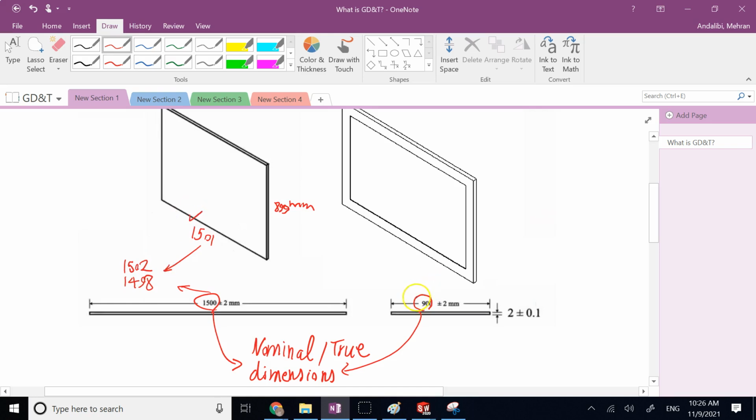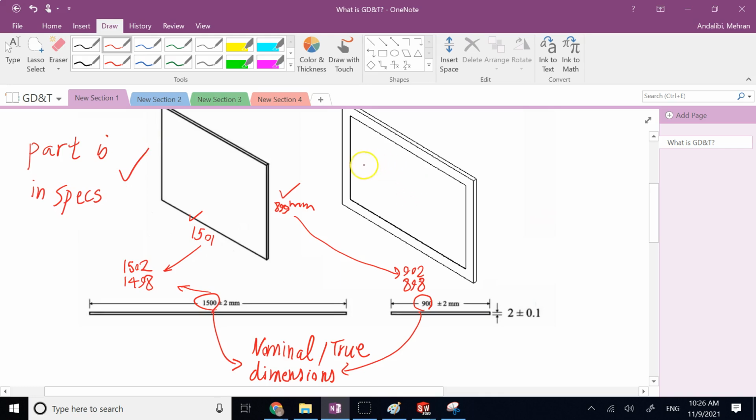The same thing for this one, 900 plus and minus 2, so that dimension is between 898 and 902. Again, it belongs to that range, so this dimension is good. And when that's the case, we say the part is in spec, or specs. The part is okay.